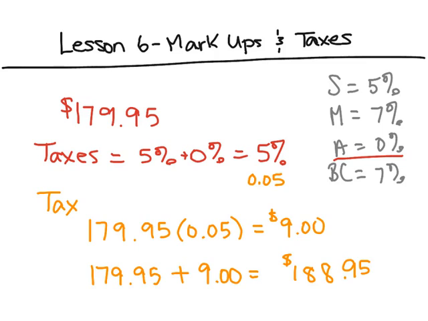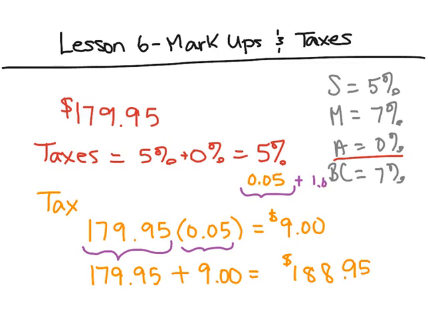A quick way to remember how to charge taxes is you want to multiply by your taxes as a percent in a decimal, and add 1 to it. What that does is it counts the original thing you're purchasing as 1, plus it adds the 5% tax.